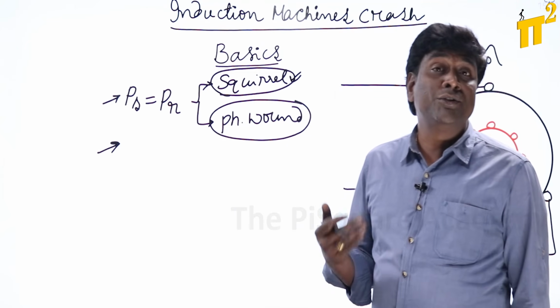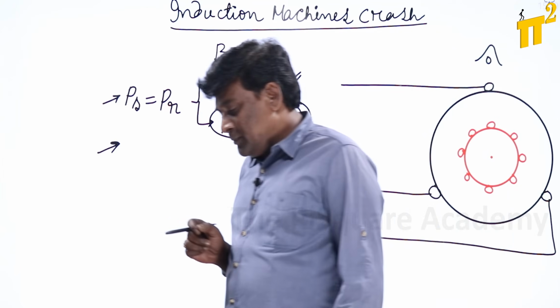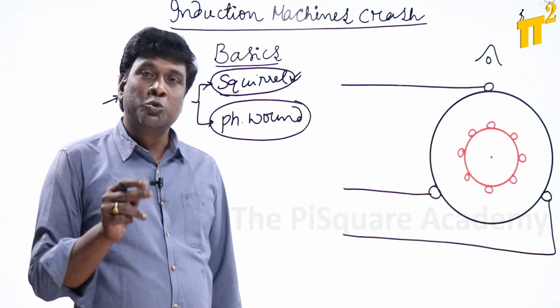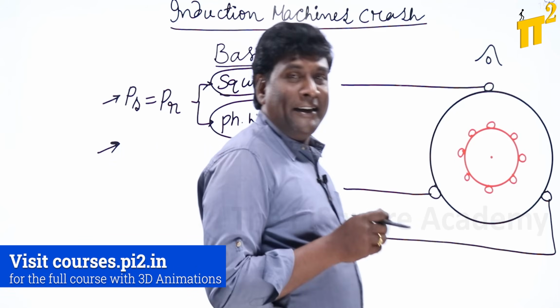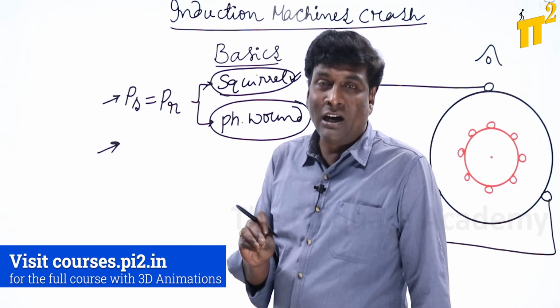In order to have continuous electromagnetic torque, the first condition is this, and the second condition is that the stator MMF and rotor MMF should be stationary with respect to each other. MMF only, it is not stator and rotor.